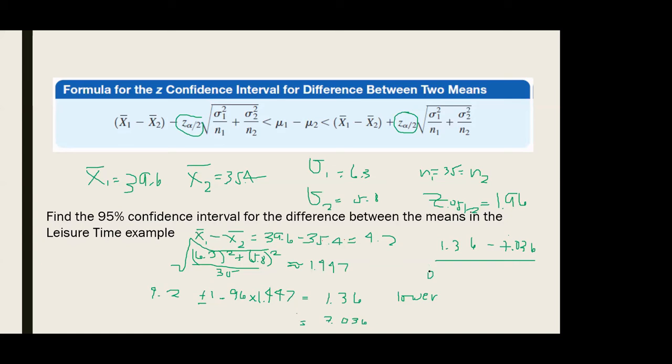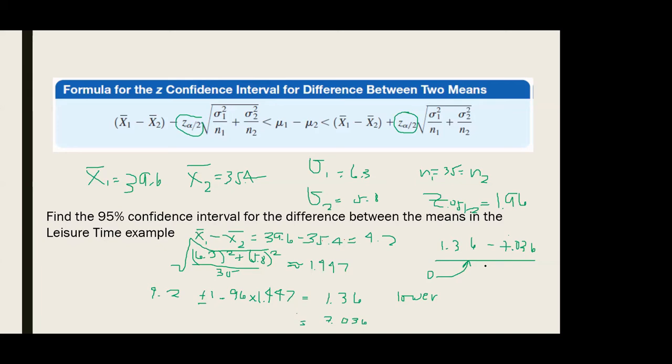Remember, the null hypothesis states that there is no difference, or that the two means are equal, or the difference is zero. So this provides us additional evidence that the difference between the means is not zero. You get what I mean?